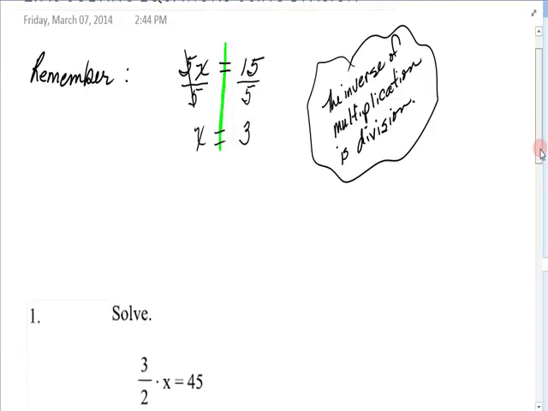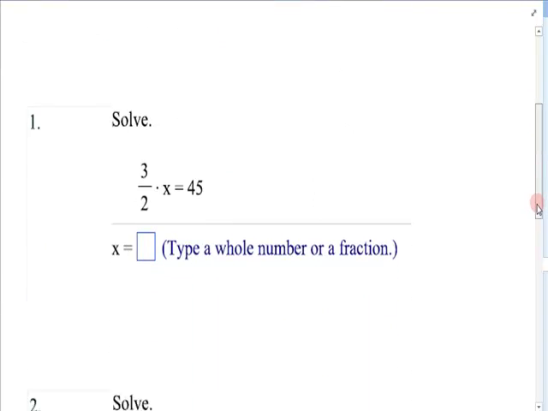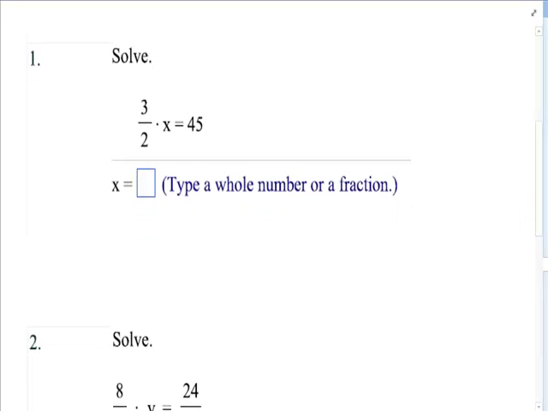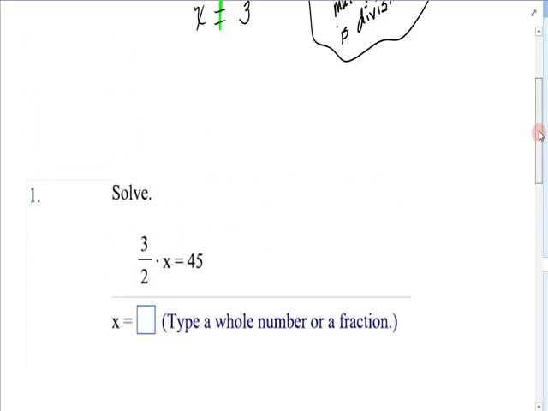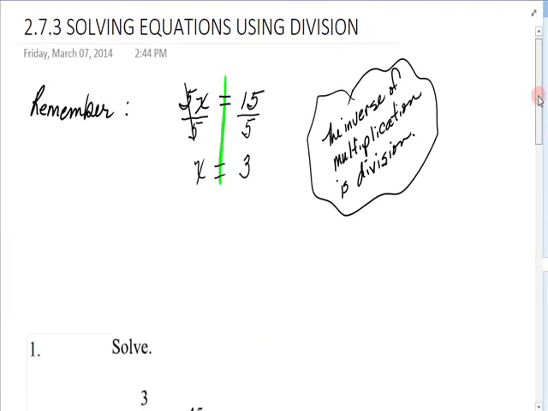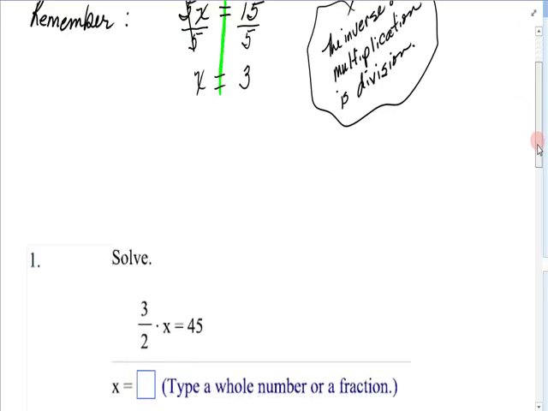Let's see what we're going to do in these problems. All right, let's take a look at just problem number 1. It says 3/2 times x is equal to 45. Well, remember what we did before. We divided by the number that's multiplied times our variable.